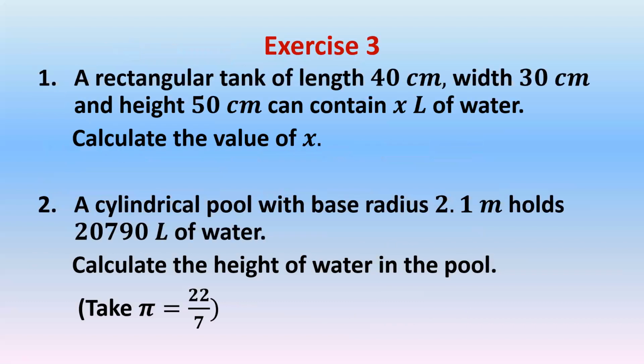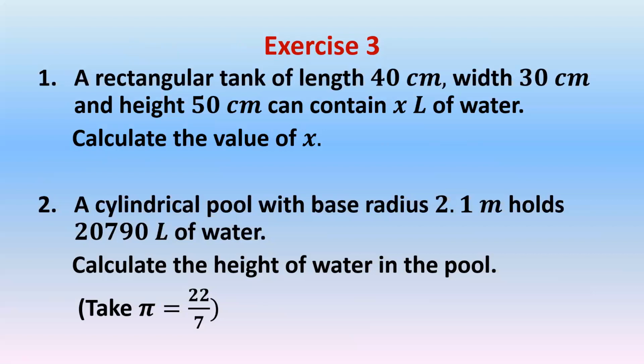Here are some exercises for you to practice. Number 1. A rectangular tank of length 40 centimeters, width 30 centimeters, and height 50 centimeters can contain X liters of water.